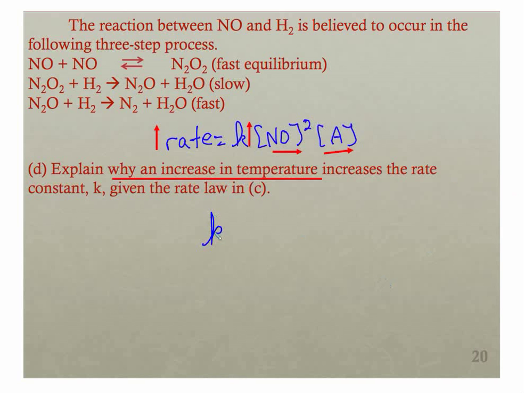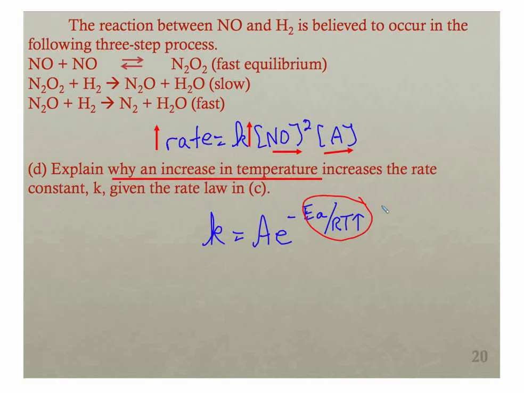Now, one of the things that we have done in our class is the Arrhenius equation, which is K is equal to A times e to the minus E sub A over RT. Well, if you want to follow the logic, you need to be able to follow the logic.